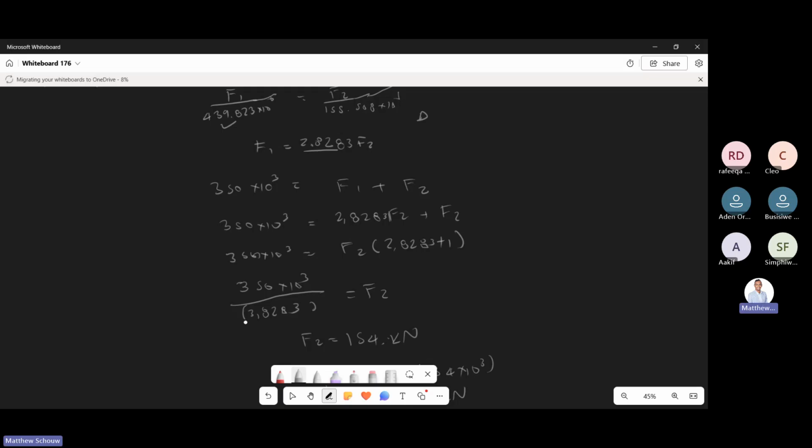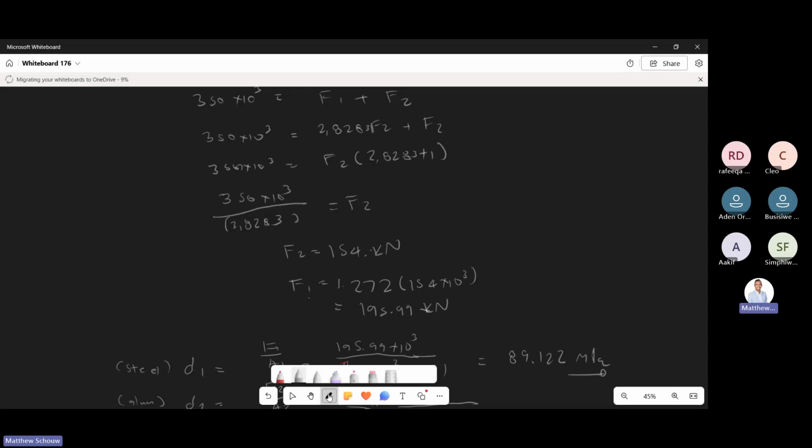Therefore, that's going to be 350 over that. 3.8283. And our force 2 should have been 91. Okay, it's 91. Perfect. 91.424 is fine. Yeah, I think we sorted it now. Kilonewton.